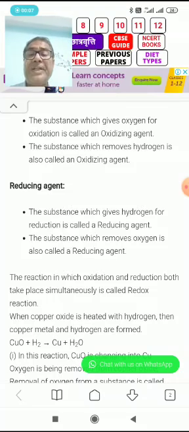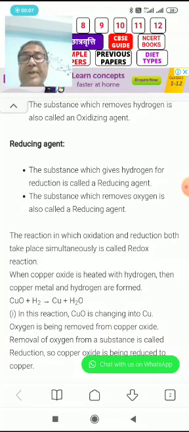Another definition, the substance which gives hydrogen for reduction is called reducing agent, and the substance which removes oxygen is also called reducing agent. Simply you should know, in a chemical equation, a substance which is oxidized acts as a reducing agent, and a substance which is reduced acts as an oxidizing agent.